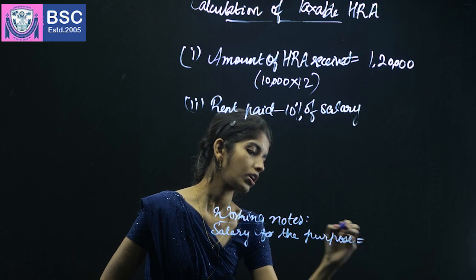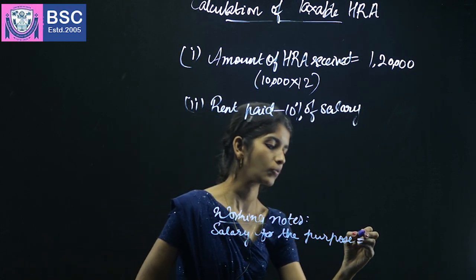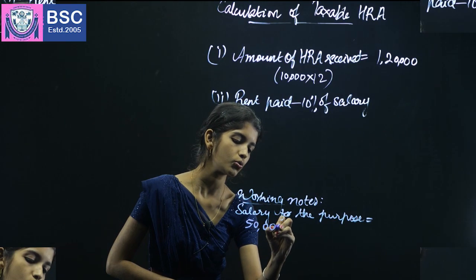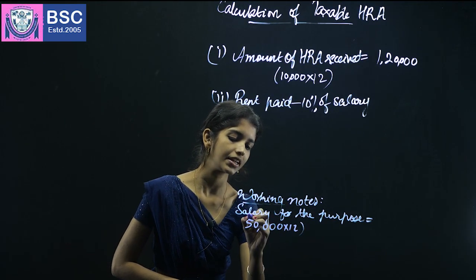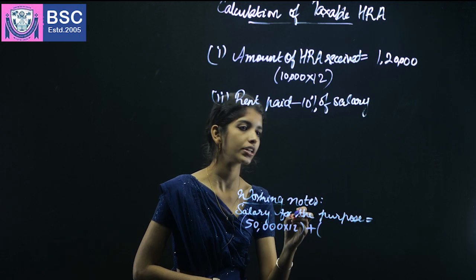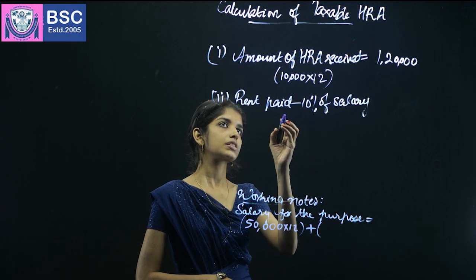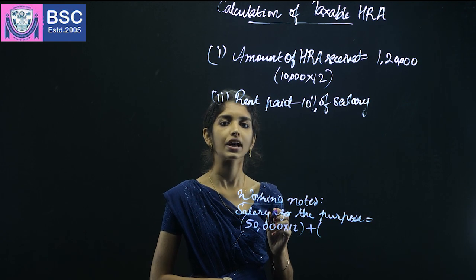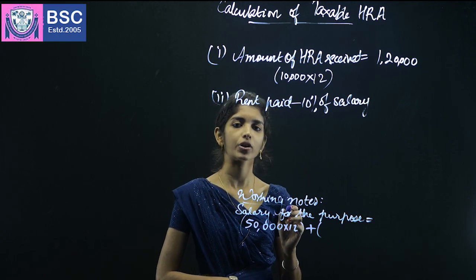Salary for the purpose is equal to, how much was the basic salary? Basic was 50,000 per month, that means 50,000 into 12. Is there any DA forming part? There is no DA forming part. The dearness allowance given in the question is not forming part, is not for retirement or service benefit, so you should not write that.